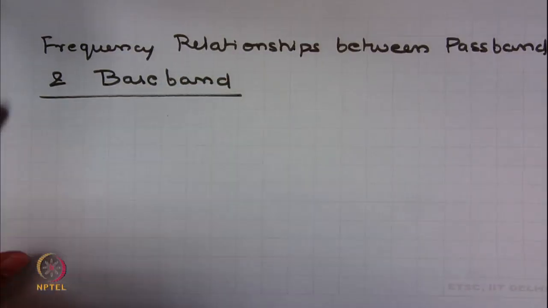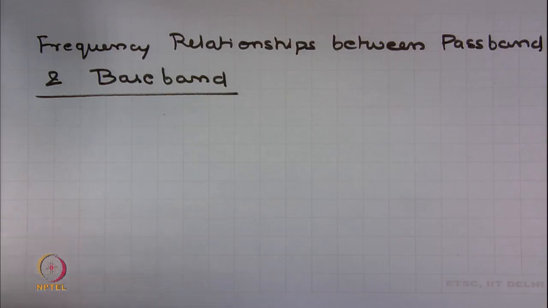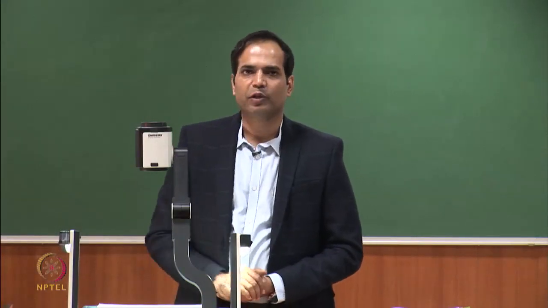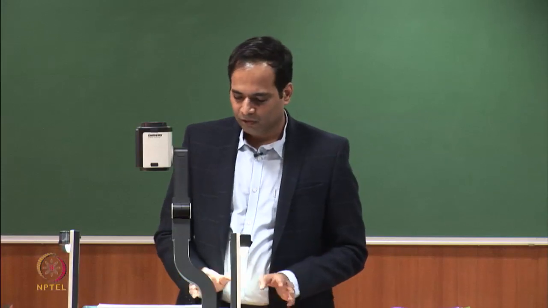Let us try to see what it is. And before we see this, let me ask you to have another look at the picture that we developed for the relationship between s(t) and s_p(t). As I have said before, this is a really useful picture. Let us look at this picture again. Using this picture, we can easily see what is the relationship between the spectrum of s(t) and s_p(t). So, let us do it.